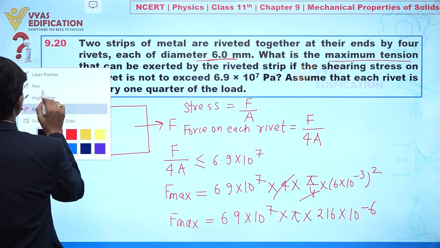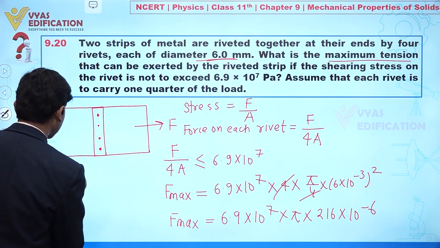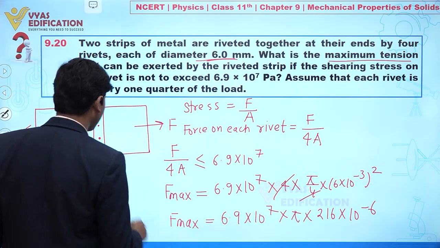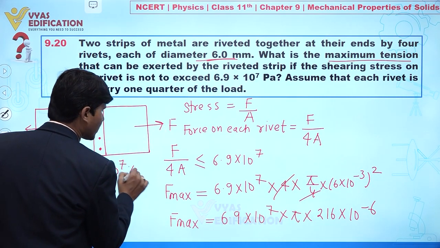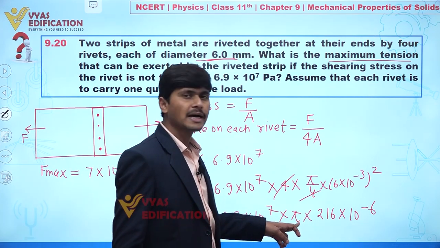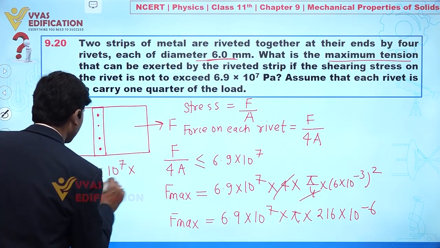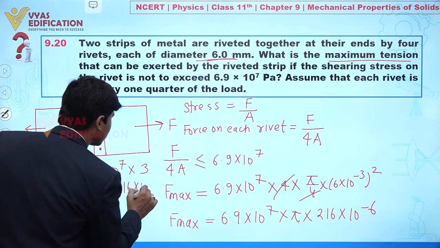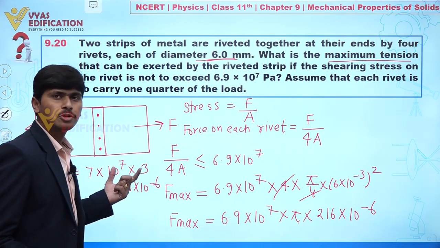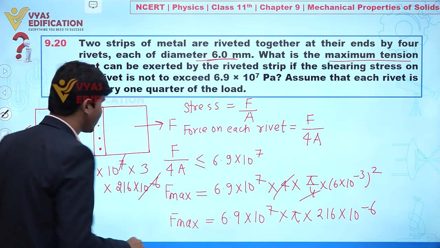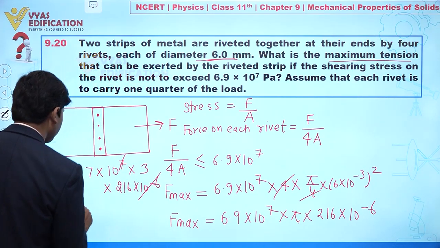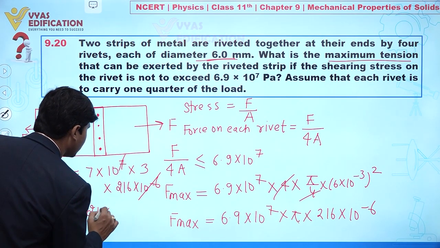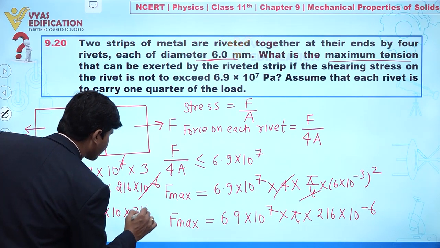So this value is 7 multiplied by 10 to the power 7, and pi I am taking approximately as 3, and 216 into 10 to the power minus 6. Now 10 to the power 7 cancels out, leaving only 10. So we have 21 into 10 into 216.